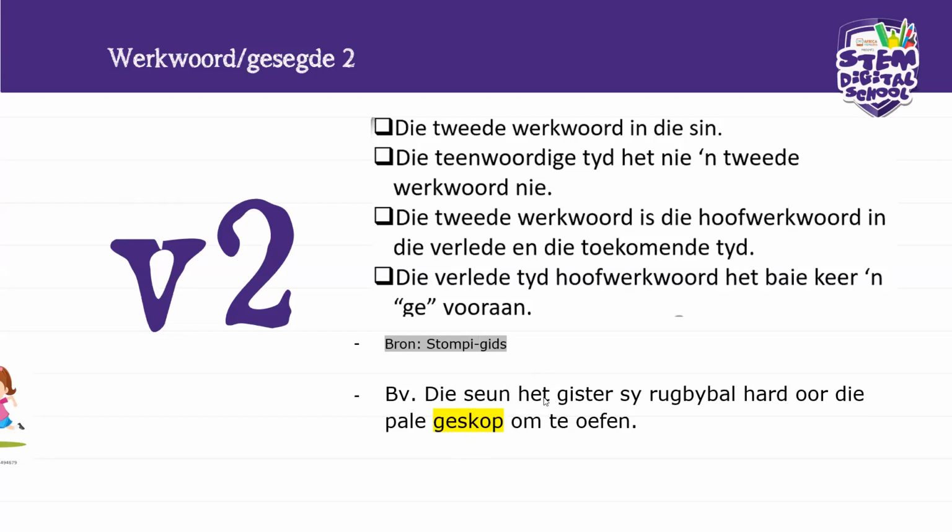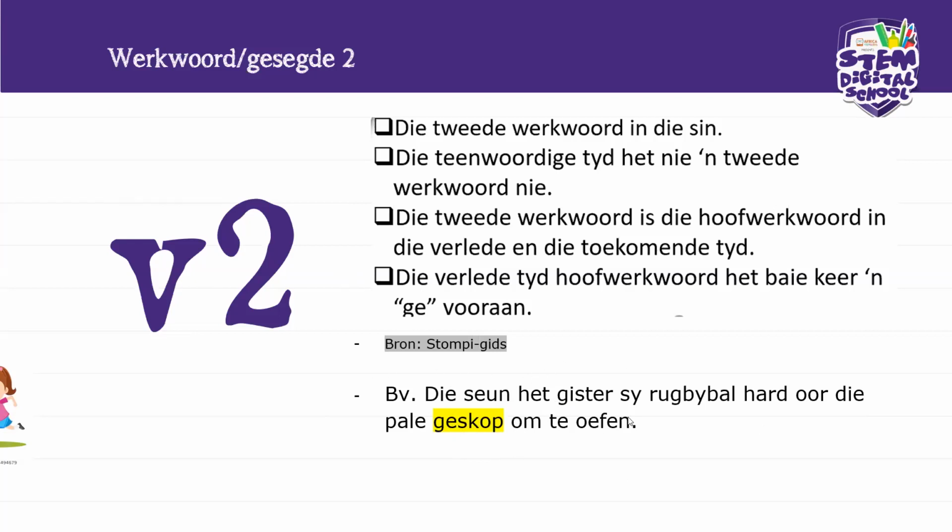That would be the hulpwerkwoord, and the main verb would be then geskop with the ge in. So you must really make sure that you understand the difference between verb 1 and verb 2, and when there is not a verb 2, remember that, please.